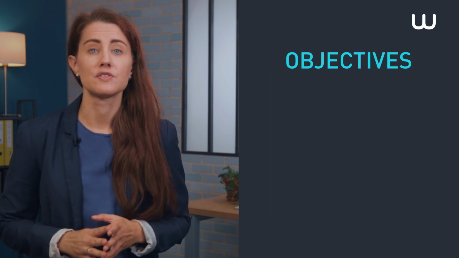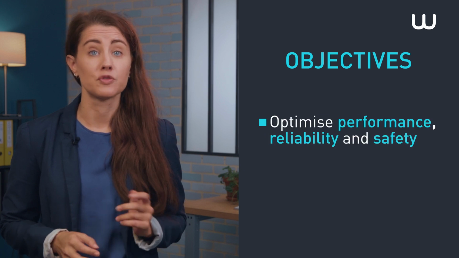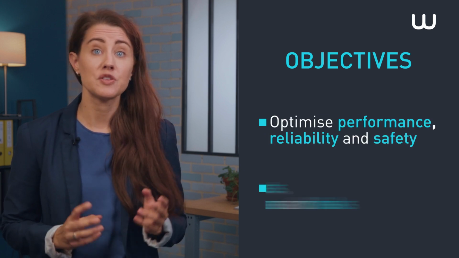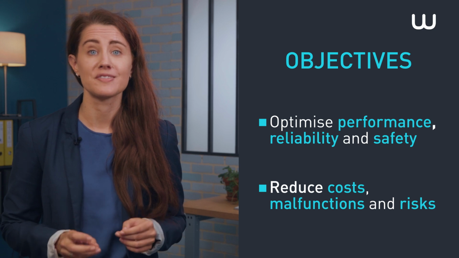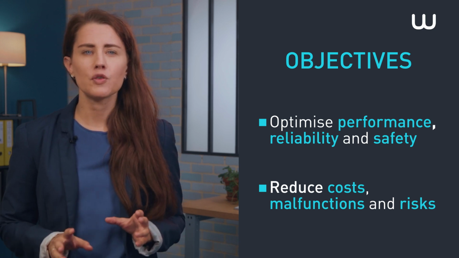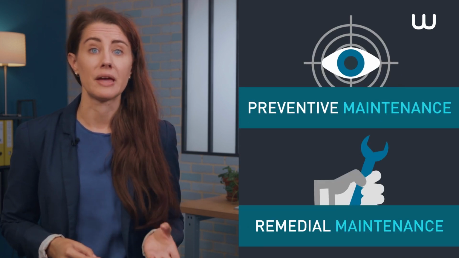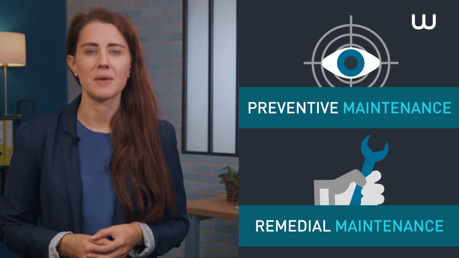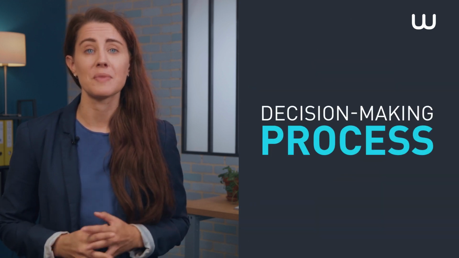The main objectives of maintenance are to optimize the performance, reliability, and safety of assets, and to reduce the costs, malfunctions, and risks relating to the assets. We differentiate between preventive maintenance, which anticipates operations, and remedial maintenance, which is reactive. Each of these two types of maintenance is governed by a decision-making process.